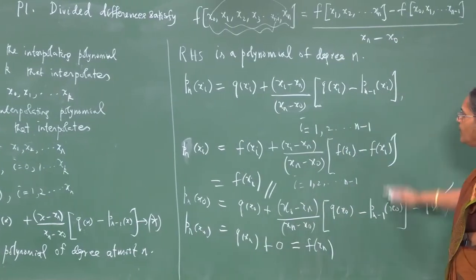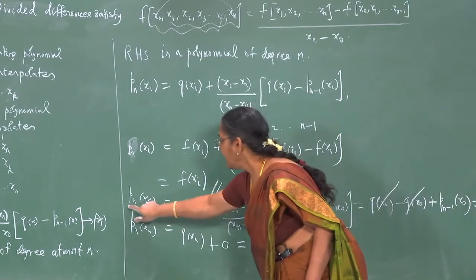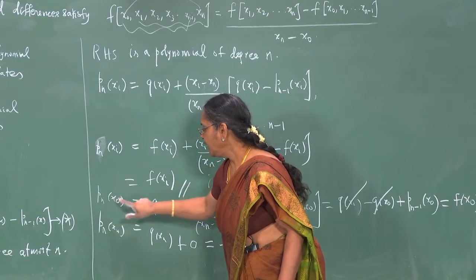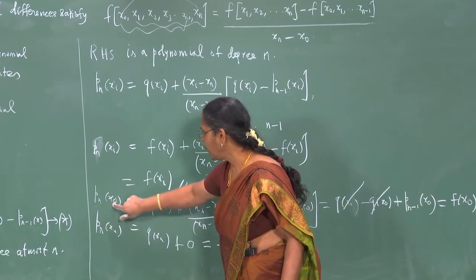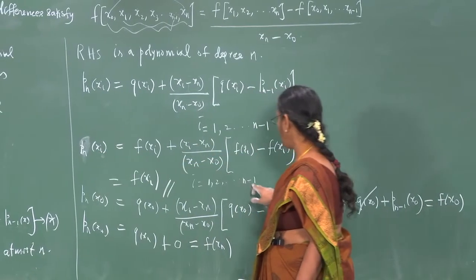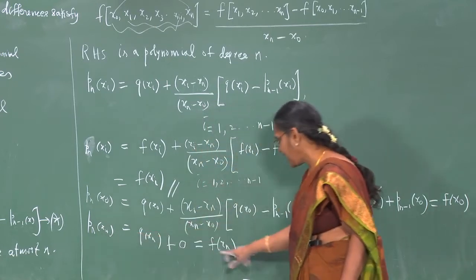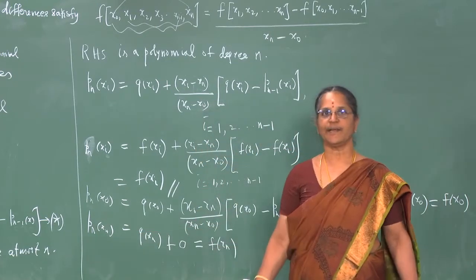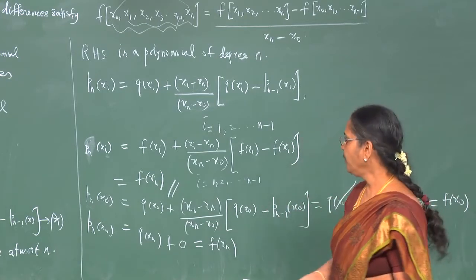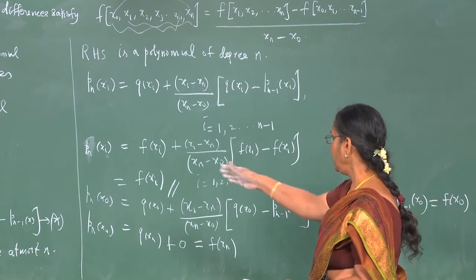So, what is it that we have proved in these steps? We have shown Pn is an interpolating polynomial of degree at most n that interpolates the function at x0, that interpolates the function at x1, x2, etc. up to xn minus 1, that interpolates the function at xn. That is, Pn is a polynomial of degree at most n that interpolates the function f of x at a set of how many points?